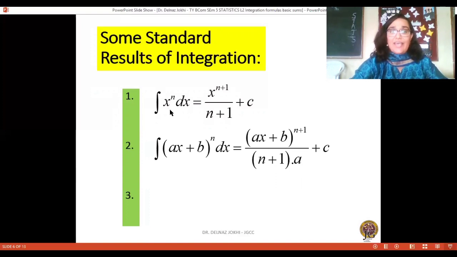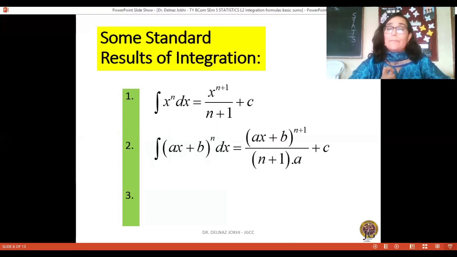It is integration x power n dx, and in the second one, it is integration (ax plus b) whole bracket raised to power n. In both the cases, please remember, this is a basic formula. In both the cases, when x is in the base, what do we do? On the other side, check. It is equal to x^(n+1) upon n plus 1 plus c.